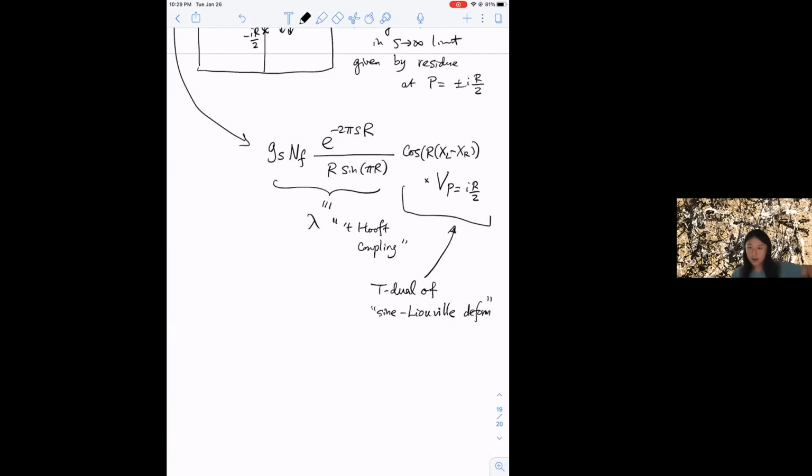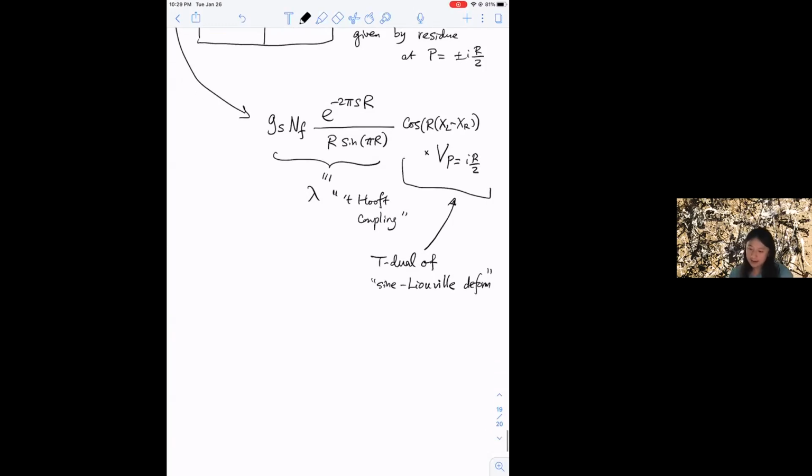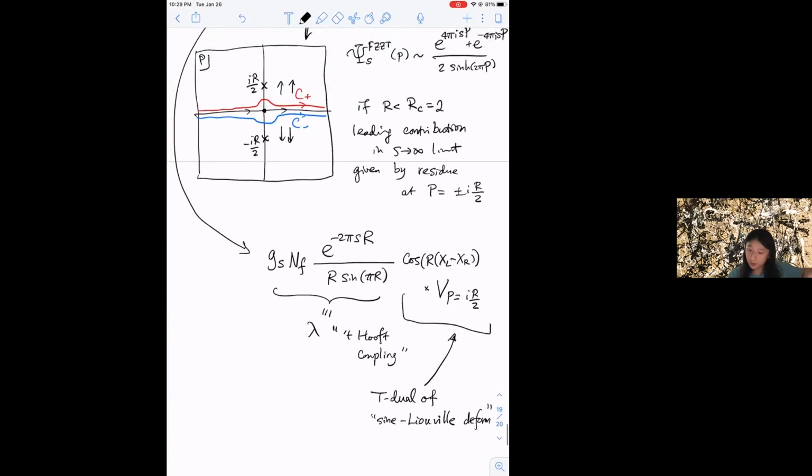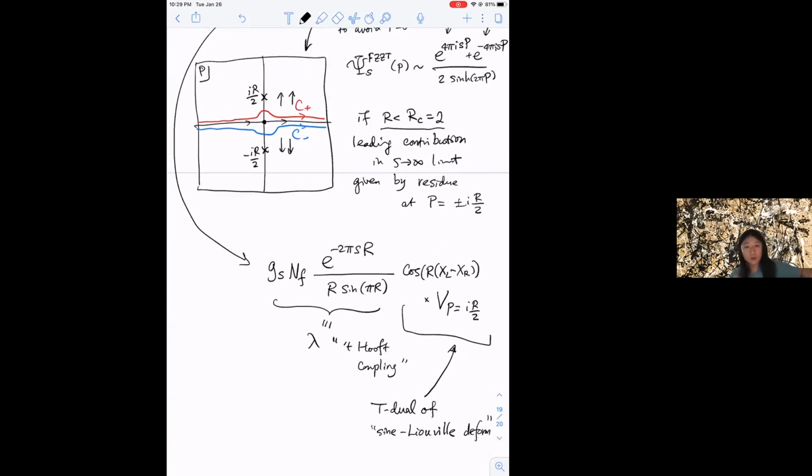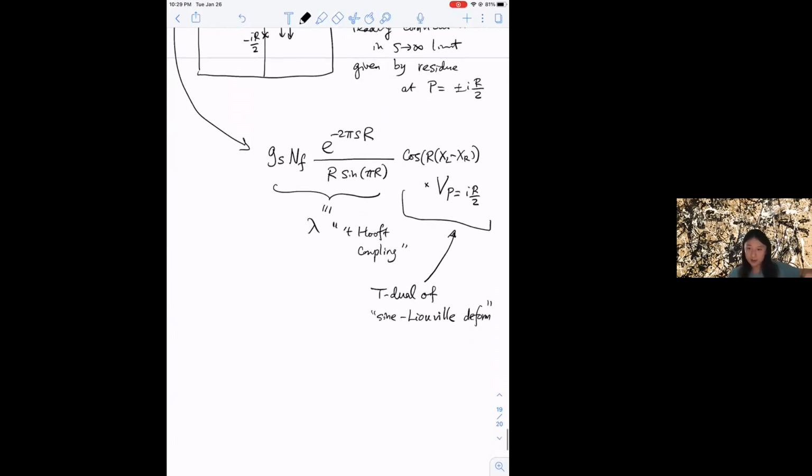This thing still grows in the strong coupling region and dies off in the weak coupling region when R is less than R critical. By the way, this is why we need to work at finite temperature, because this condition will not be satisfied if R is bigger than R critical, which corresponds to the low temperature phase. So the claim here is that if you're above this critical temperature, then the decoupling limit leads to this deformed background of c equals 1 string theory.